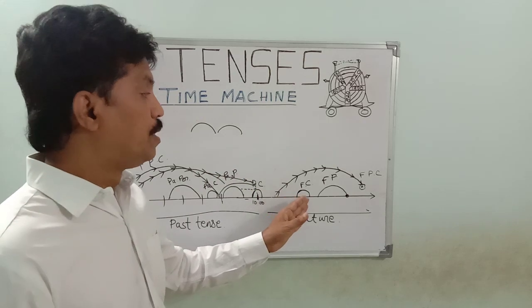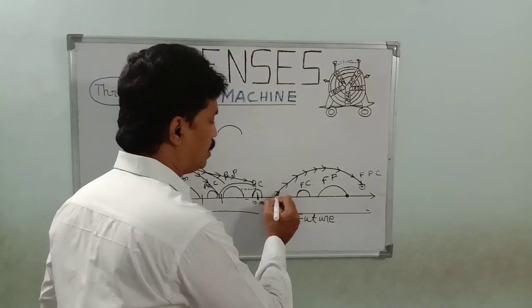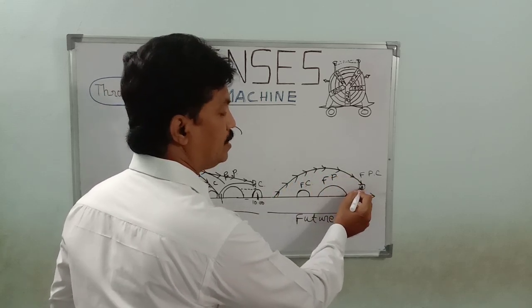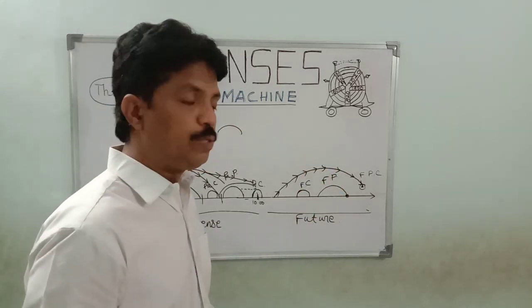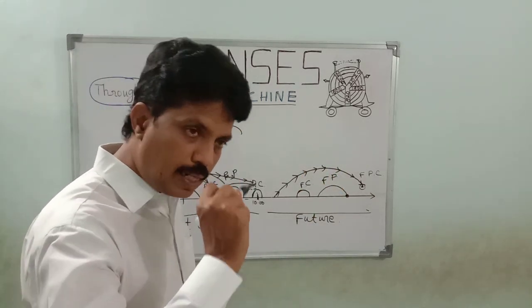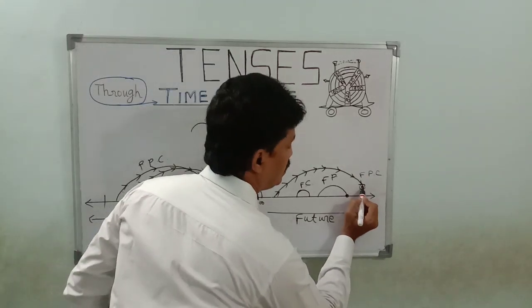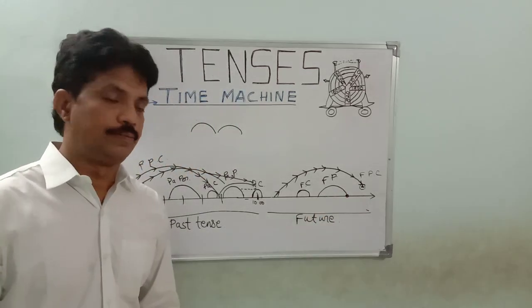And future perfect continuous tense: an action which will start in future and continue for a particular duration of time, and it will be happening at the time the speaker mentions, and that point of time is also getting important.